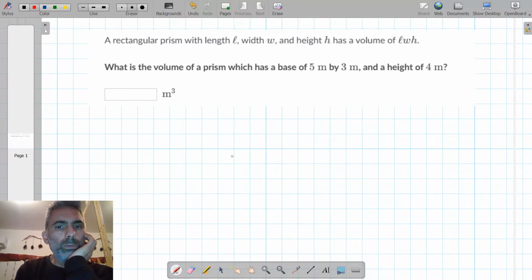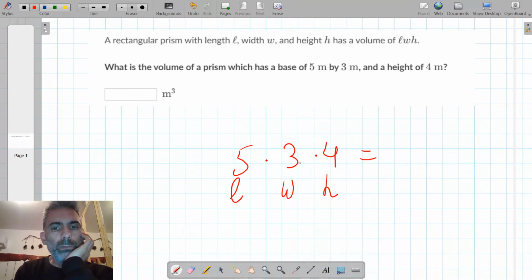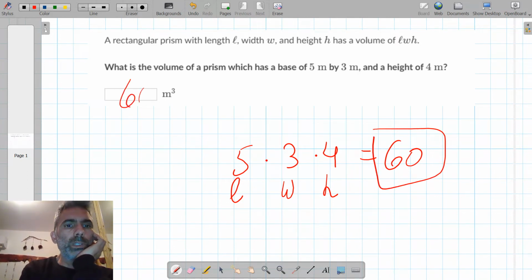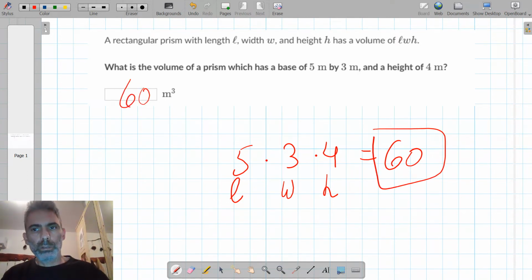Okay, so we have to multiply 5, let's say it's the length, times 3, which is the width, times 4, which is the height. So 5 times 3 is 15, times 4 is 60. So 60 meters cubed is the volume.